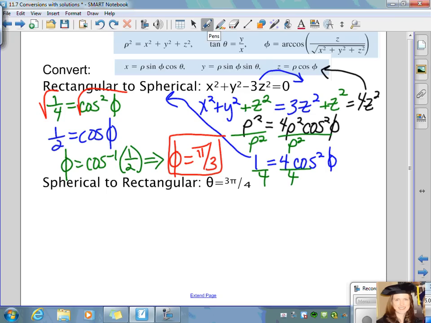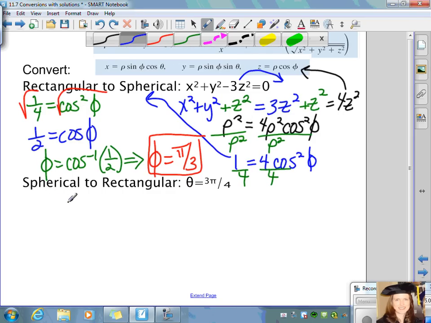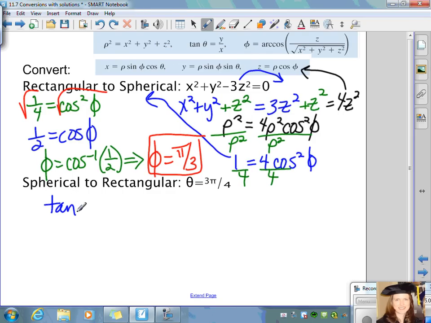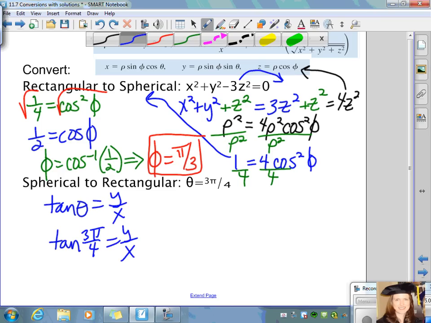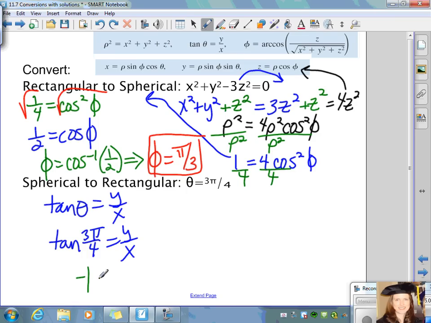So we can use the tangent theta conversion equation. If we know that tangent theta is equal to y over x, and we replace theta with 3 pi over 4, tangent of 3 pi over 4 is equal to y over x, and the tangent of 3 pi over 4 is negative 1.